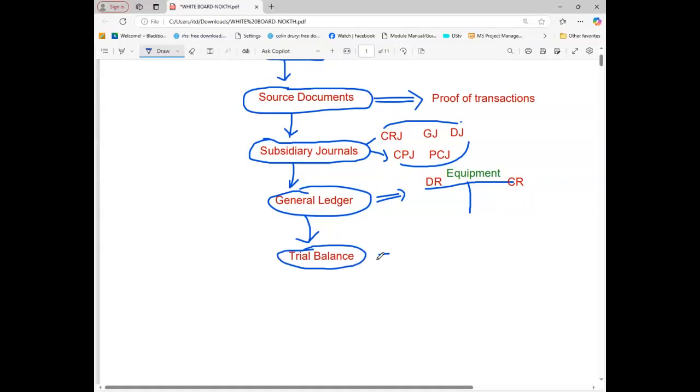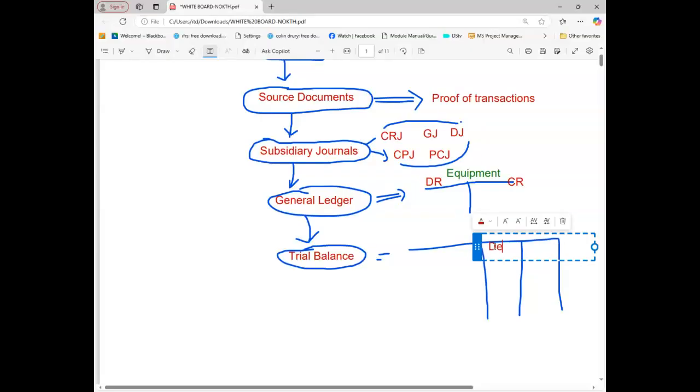So a trial balance is something like this, which we are going to use again in this module. It has got debit and credit.